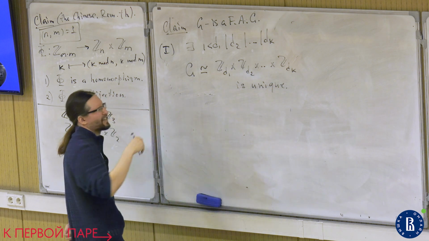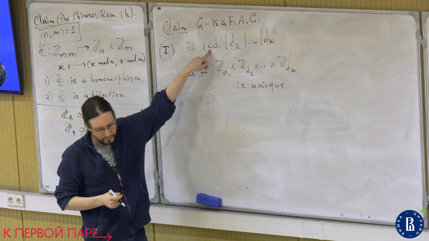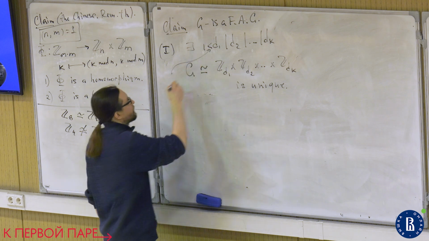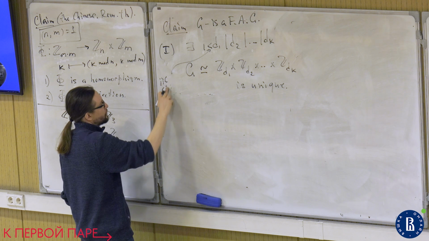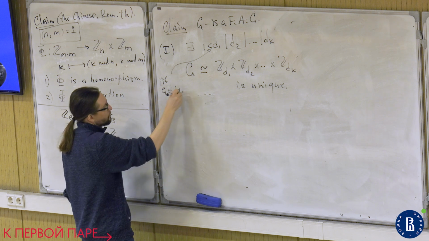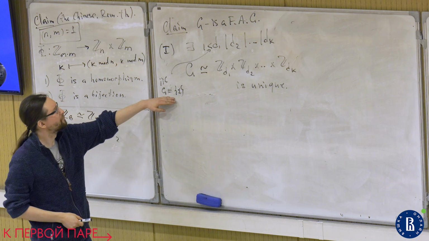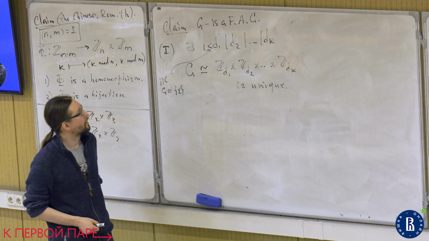When I say d1 is strictly greater than 1, this happens if and only if G is not trivial. In case G is trivial, you may have to take the element 1 here.